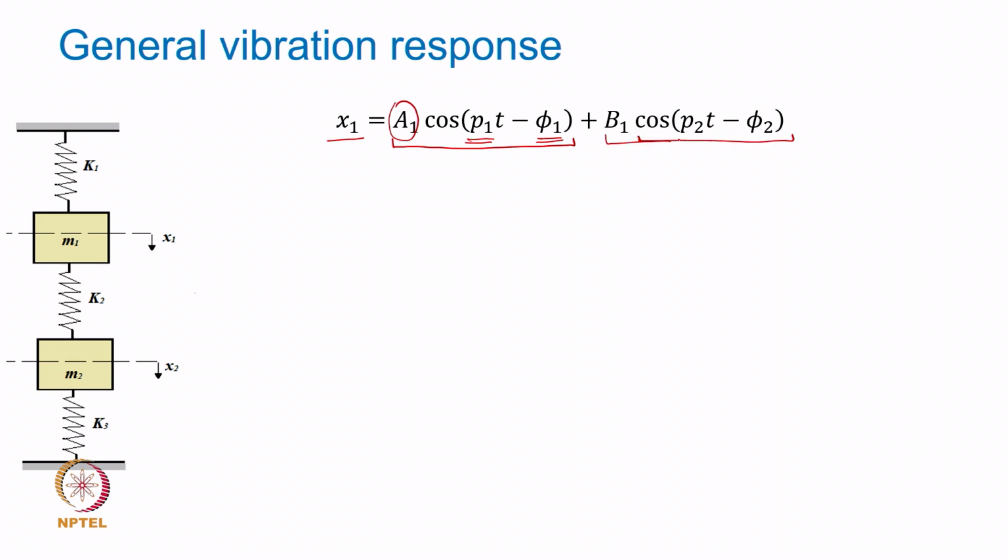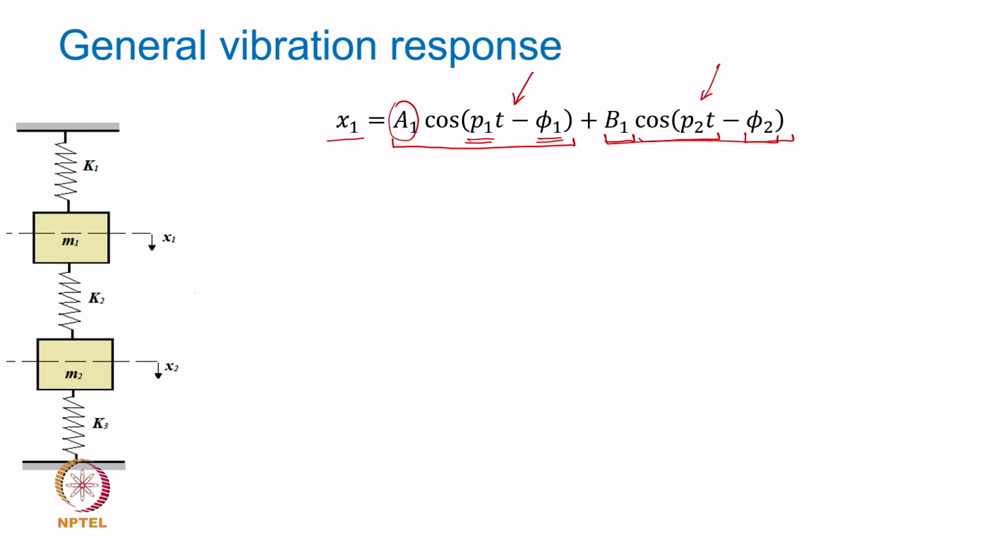So, P2 appears and the amplitude for the second harmonic, B1, appears here. We do not know how much B1 will be, and then of course, as a general response we also add the phase phi 2 to the second part of the solution. So, x1 gets contribution from the first mode as well as from the second mode. Okay.